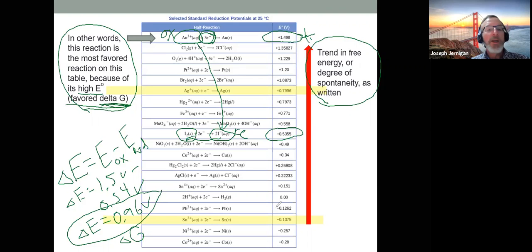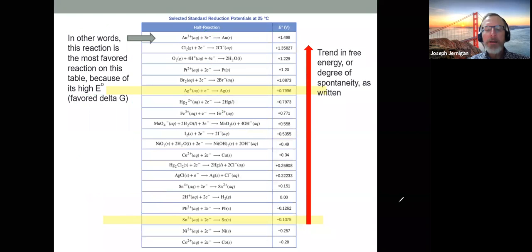Now, I'm going to tell you, and then we're going to show you later, don't sweat that difference. You can convert a voltage to joules per mole or kilojoules per mole.